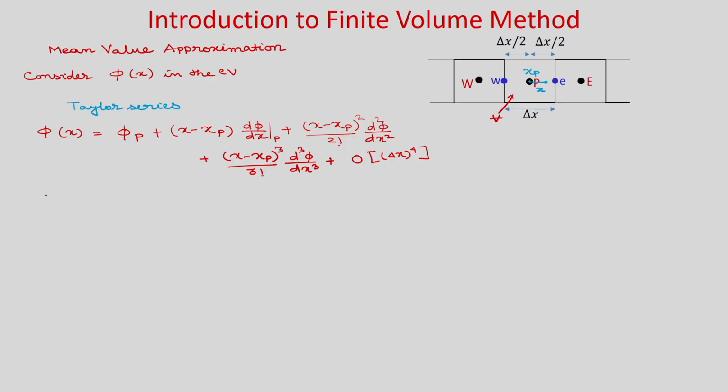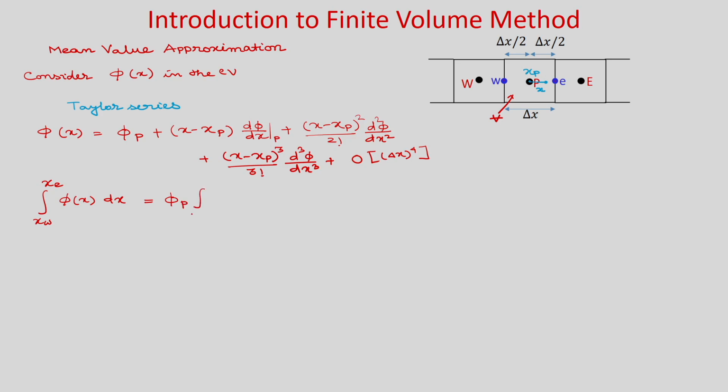So, now as it is 1D, we will write integral x w to x e, phi x dx. So, what can we write now? Phi p is just the value of phi, so it is a discrete value, and you can take it outside the integral.